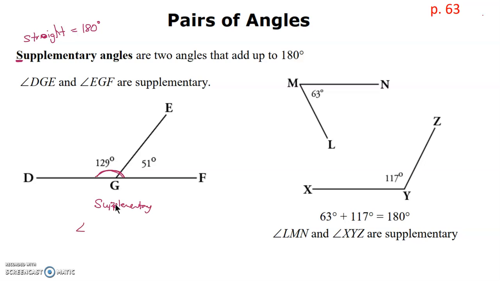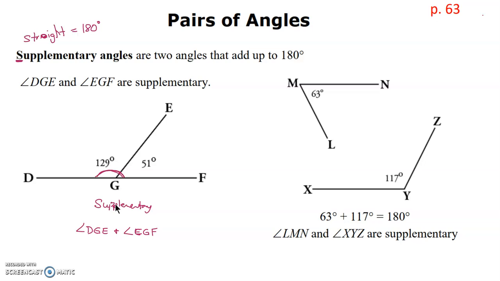And I can write this as angle DGE is supplementary to angle EGF. Remember, you can name them the other way, EGD or FGE. So these two are supplementary angles.